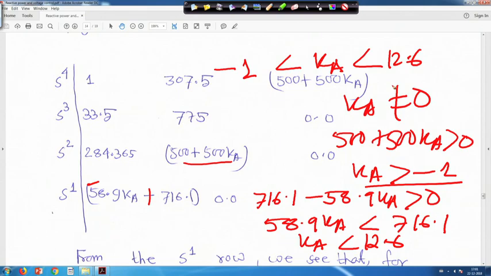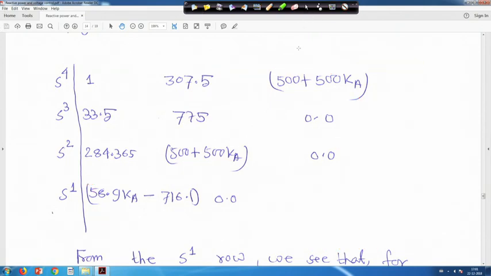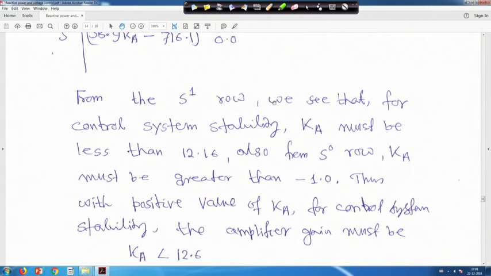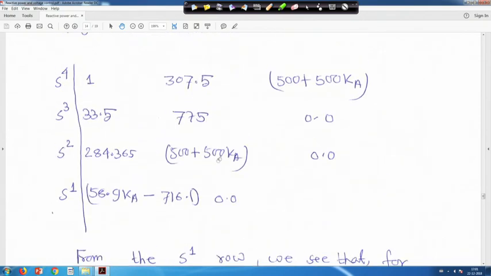So, from the S1 row we see that for control system stability k must be less than 12.16. It is not 12.6, it is actually 12.16.